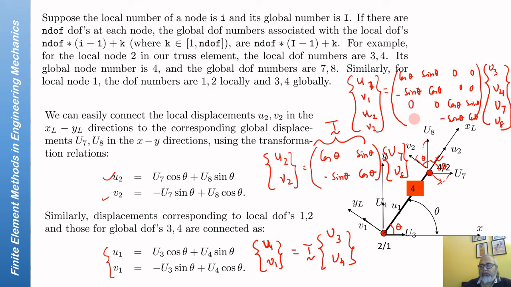This is 0 0 0 0. So basically this matrix has the form T 0 0 T. This is the partition form of the matrix where T is this unit.